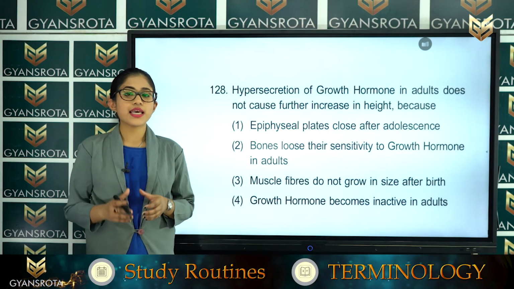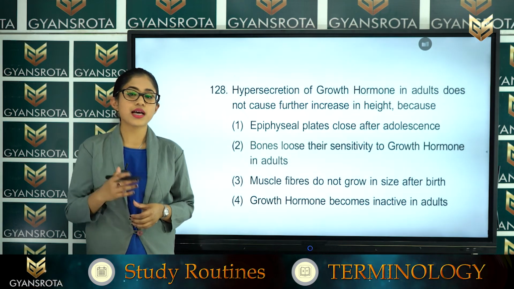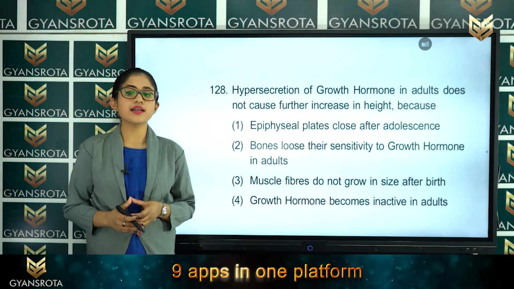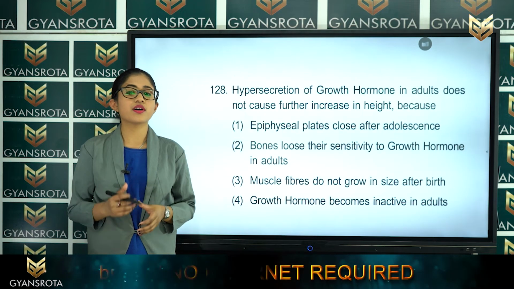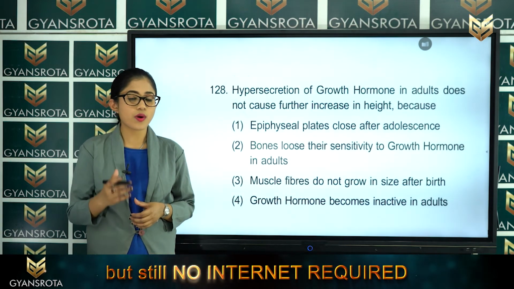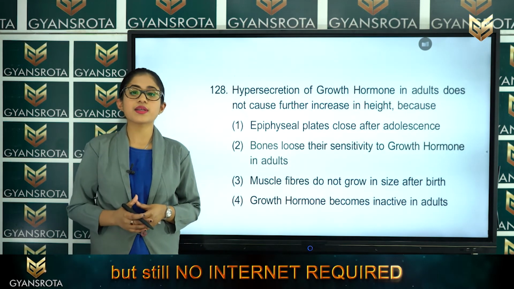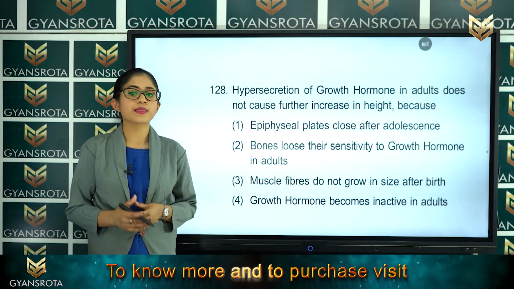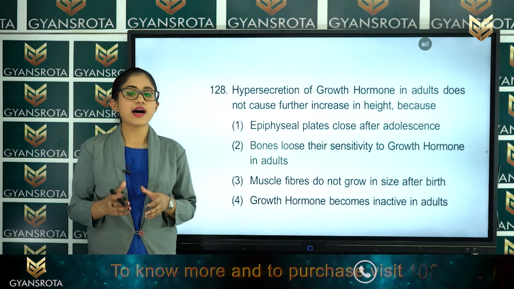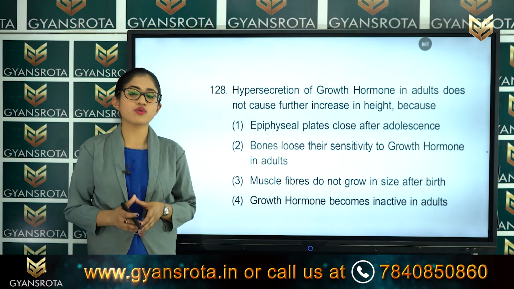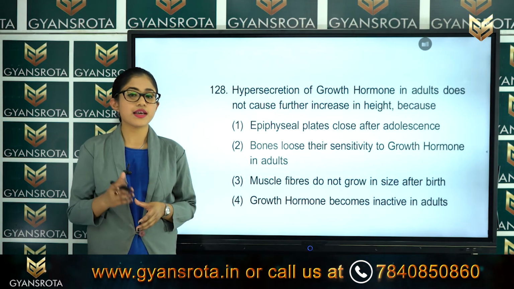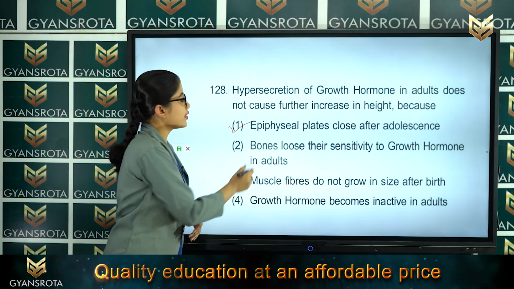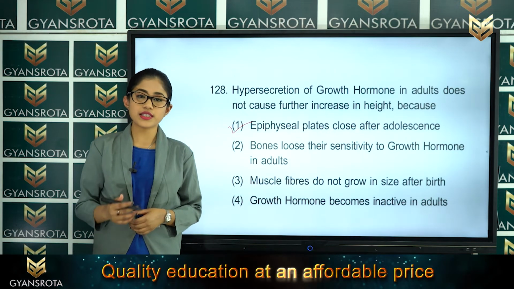So, if the growth hormone is hypersecreted, that means if it is overly secreted, then in adults it does not cause further increase in their height. Why is it so? It is because of the epiphyseal plates. These are the plates which close after adolescence. So, option number 1 is the correct answer of this question.